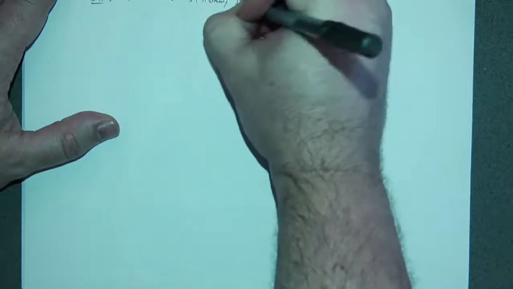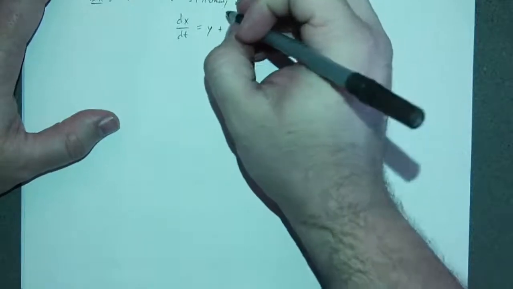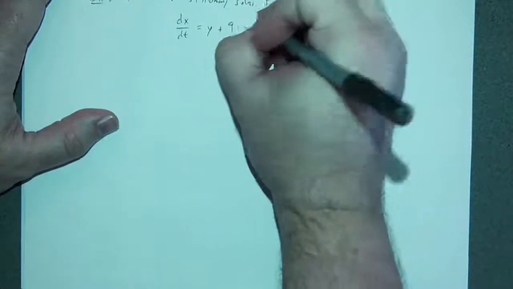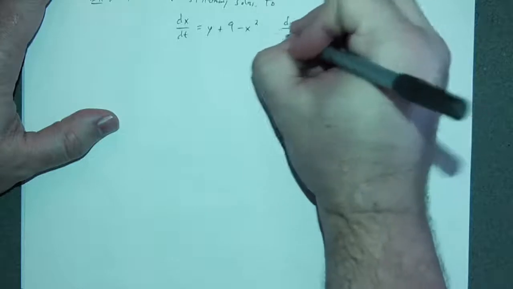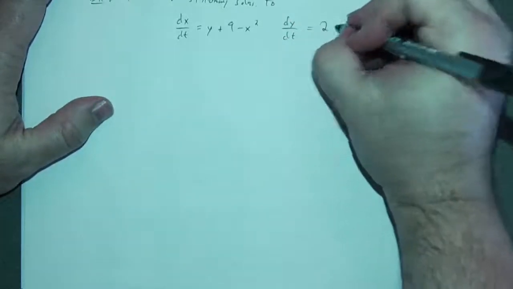So find all stationary solutions to the system dx dt is equal to y plus 9 minus x squared, and dy dt is equal to 2xy.